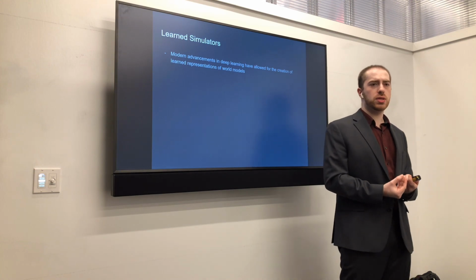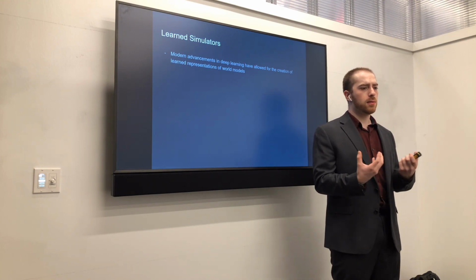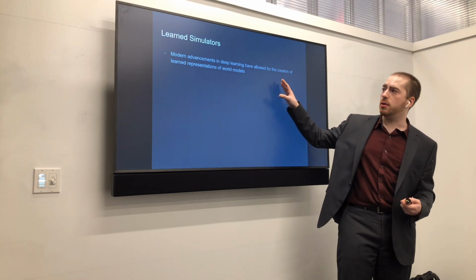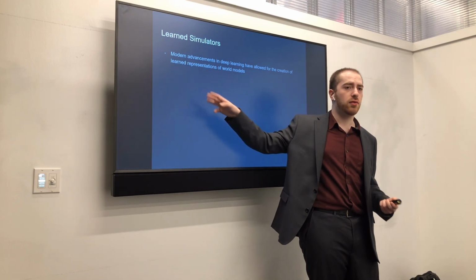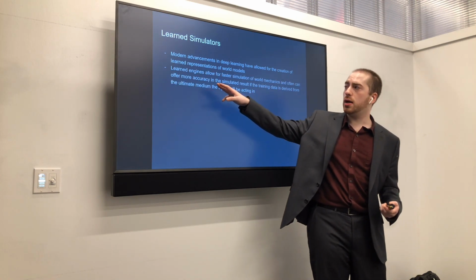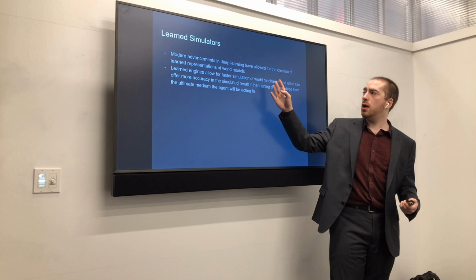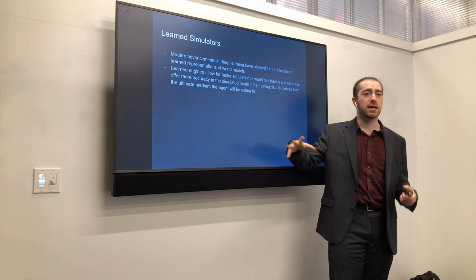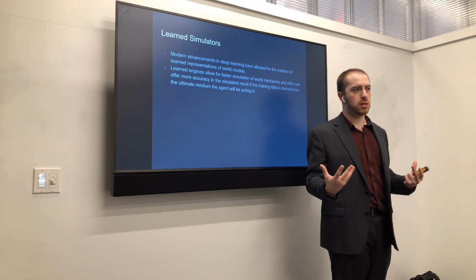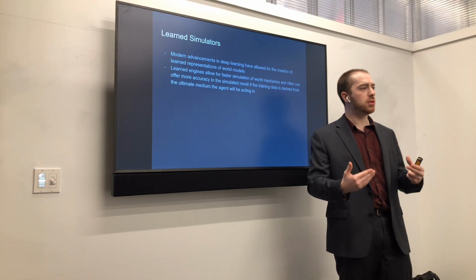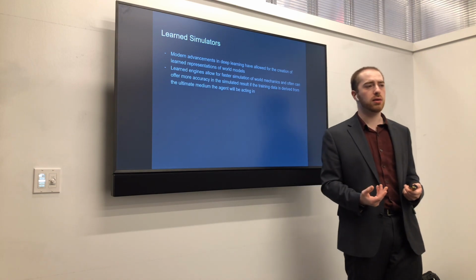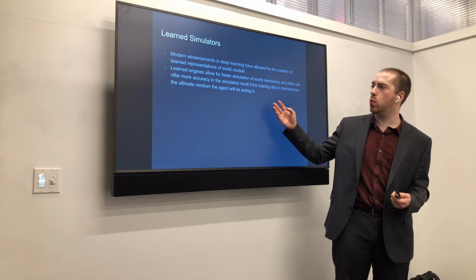And we can consider using deep learned methods to make these processes go faster by creating learned representations of the worlds that we're actually simulating. We can also use learned engines for faster simulation of just world mechanics, for state space transitions. Really, there's a foundational paper I'm going to show that did this very recently for 2D games, but I believe that this can be used for robotics as well.